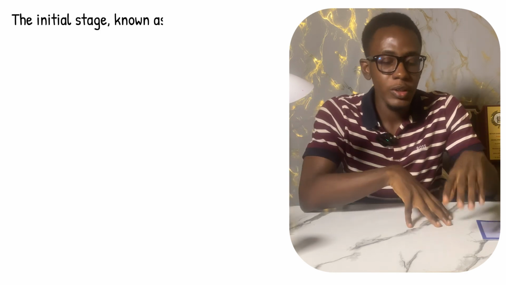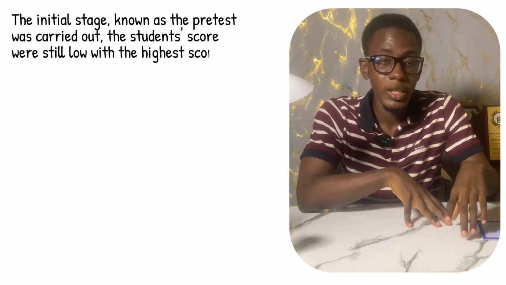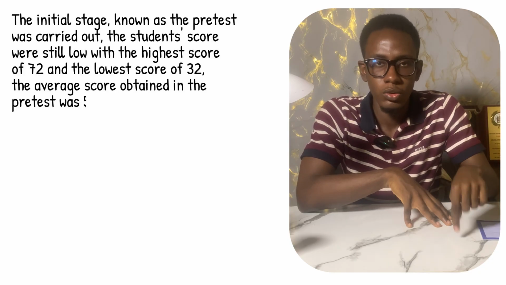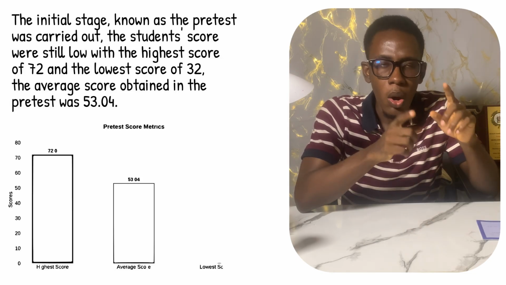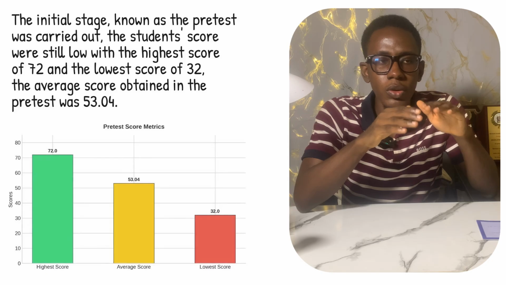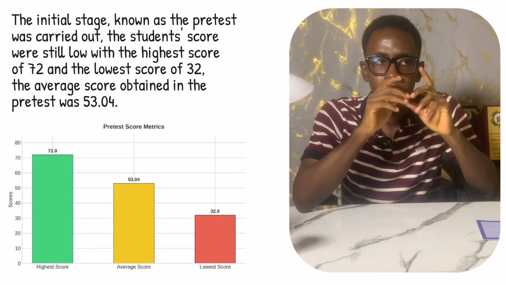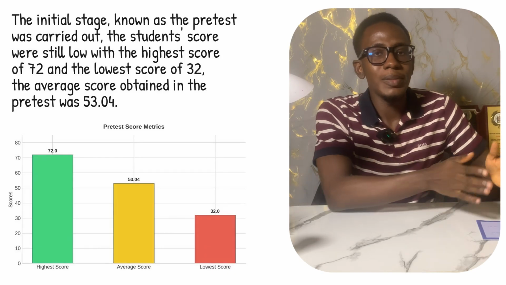During the pre-test, the highest score was 72. The lowest score was 32, while the median score was 53, if I'm not mistaken. Yes, so that was during the pre-test.